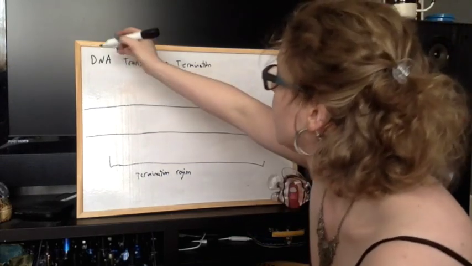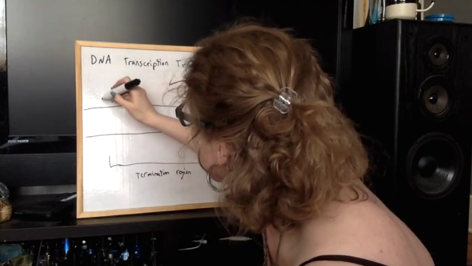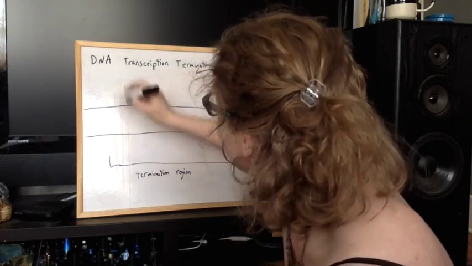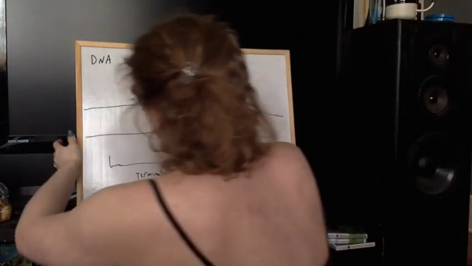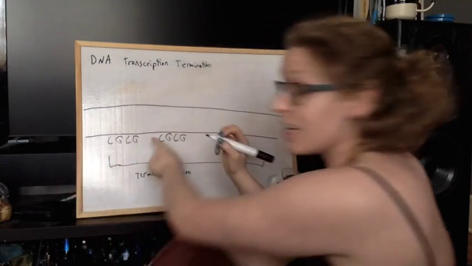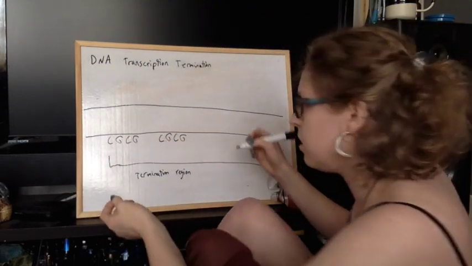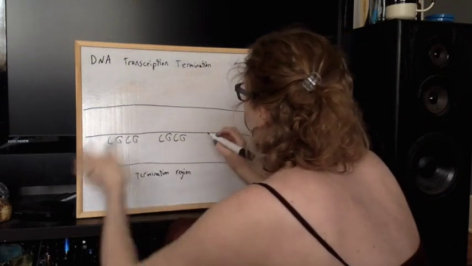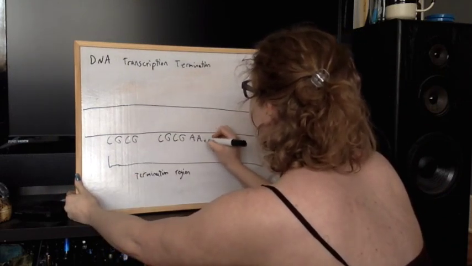Then it arrives at the termination region, which has a series of C's and G's in a nice space. There's other stuff in there that isn't C and G, there's A's and T's. And then there's a series of A's.